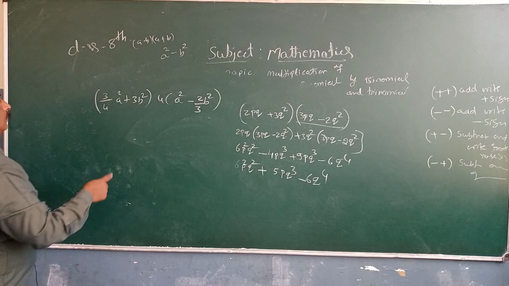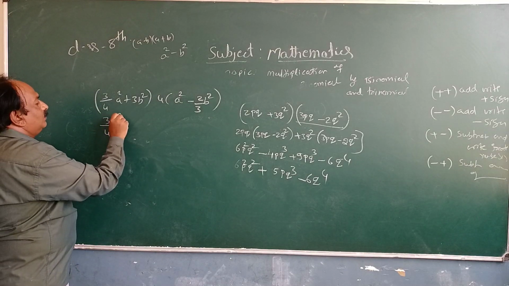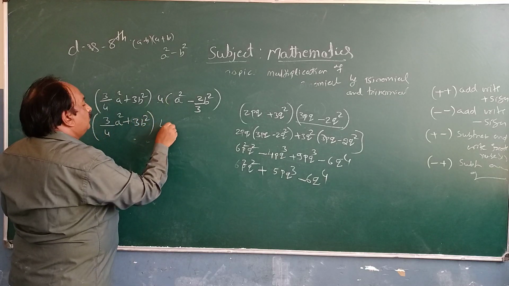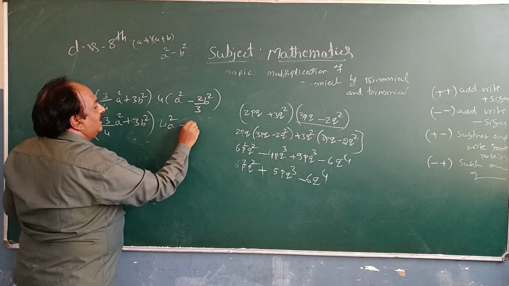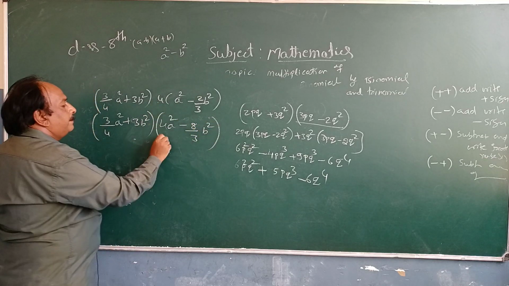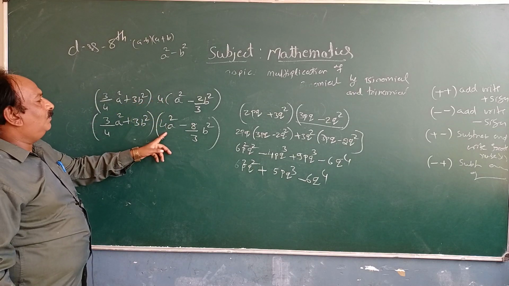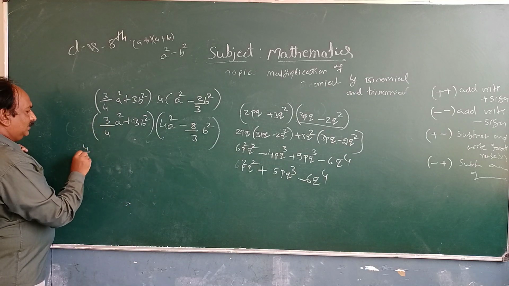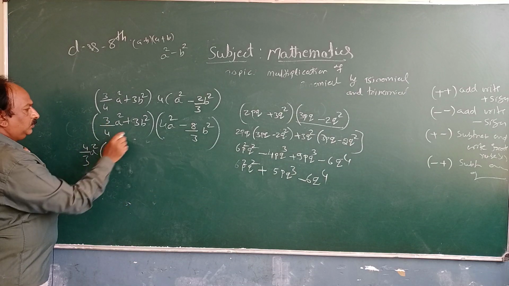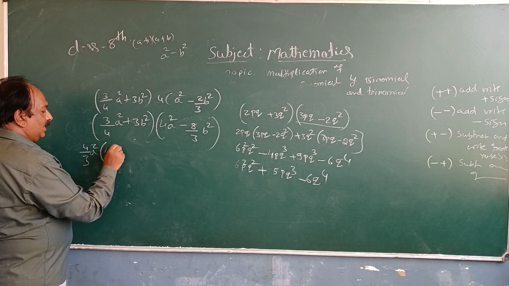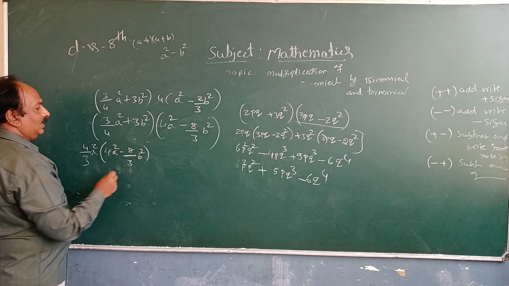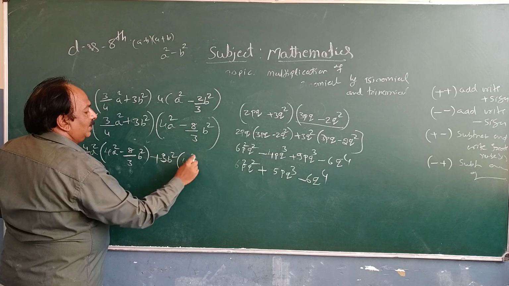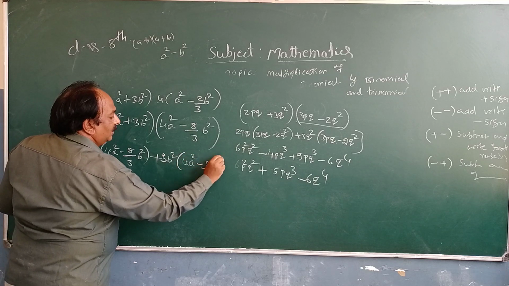Look here: 3 by 4 A square into 4A square, minus 8 by 3 B square, plus 3B square into 4A square minus 8 by 3 B square.